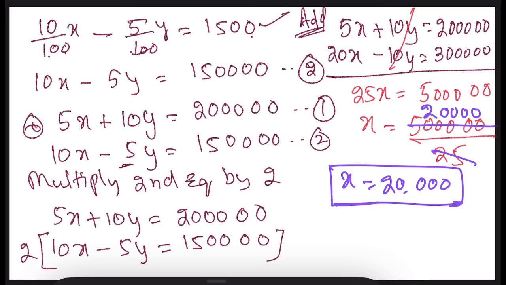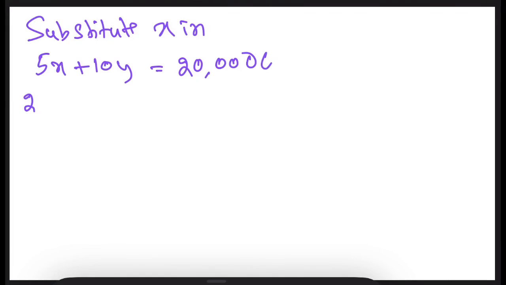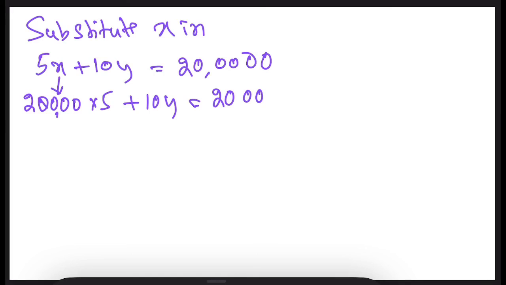X value, now we shall put in any equation. We can put in the first equation, substitute x. So 5 into 20,000, x का value 20,000, into 5 plus 10y equals 200000. ठीक है.